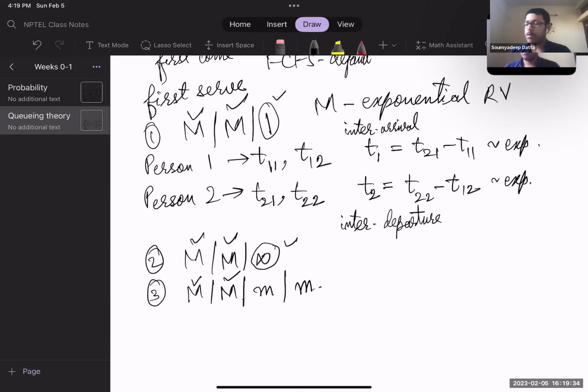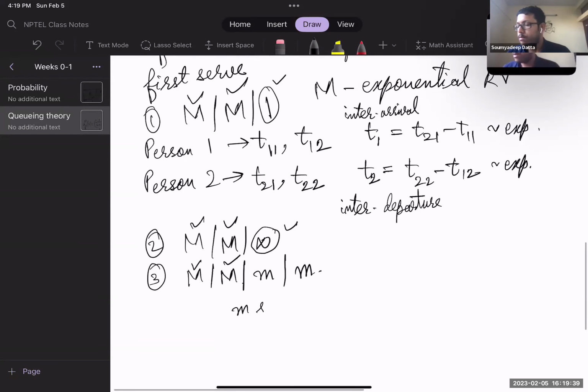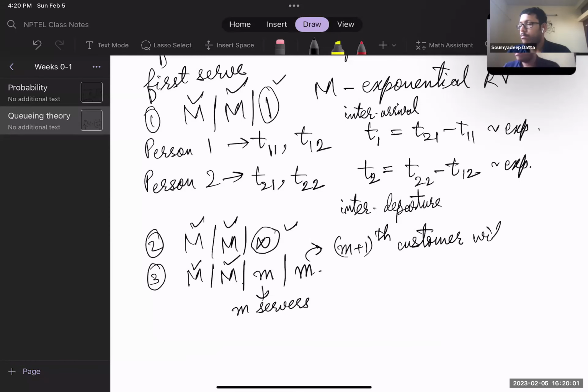On top of that, you are told that you have m servers, let's say m cashiers, and there is also a certain capacity of m. So this essentially means that the m plus 1th customer will leave, because you have a queue capacity of m.